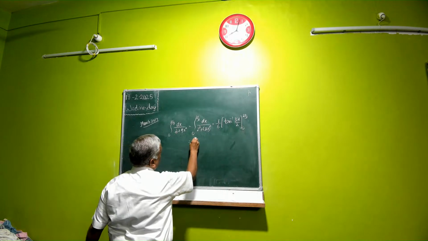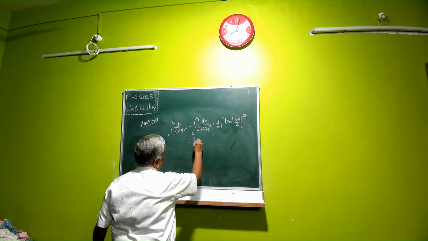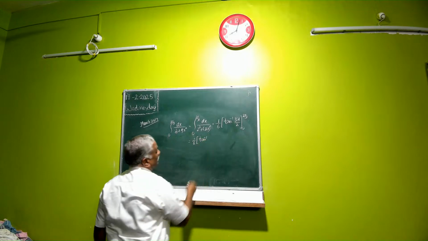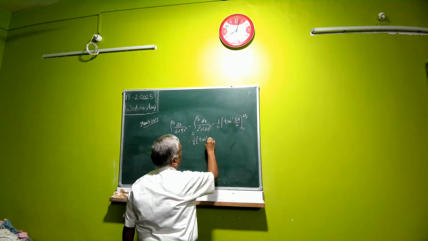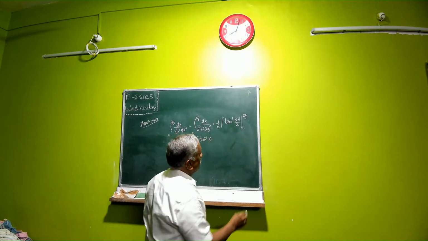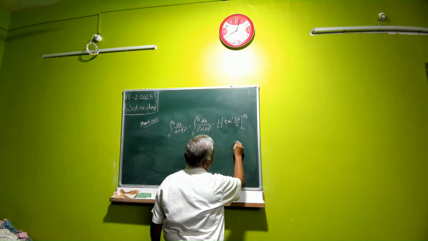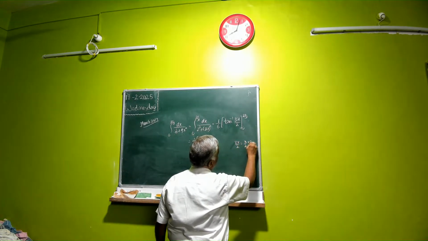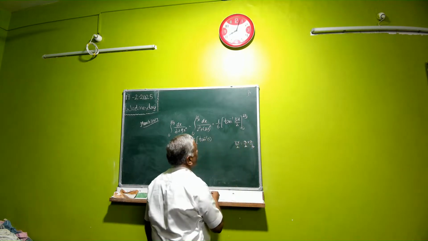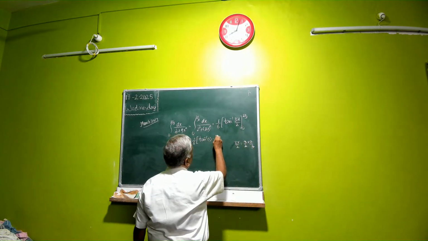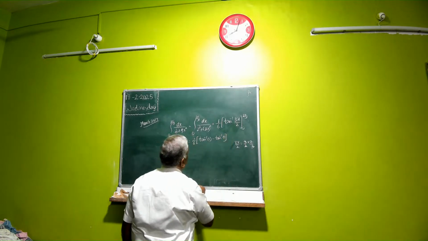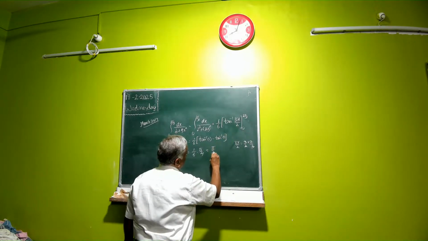So this is equal to 1 by 6 tan inverse of 1, because 3x by 2, in place of x you are writing 2 by 3. And here automatically it is 0, because tan inverse of 0 is 0. So what is the answer? Pi by 24.